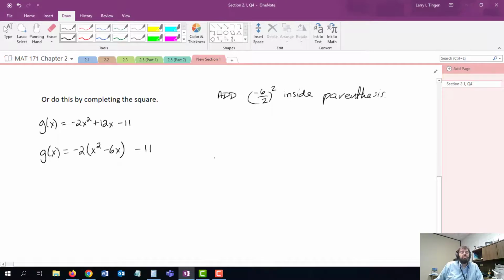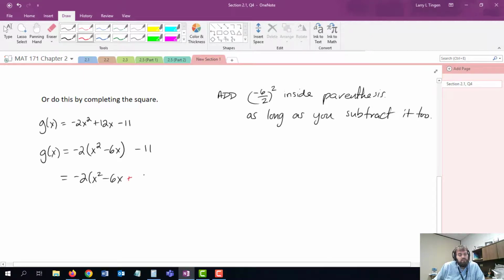And now you're thinking like me, you can't just add something. Yes, you can, as long as you subtract it too. What does that mean? It means this. So x squared minus 6x, and then here's my piece. I'm going to take negative 6, divide it in half, and then square it.